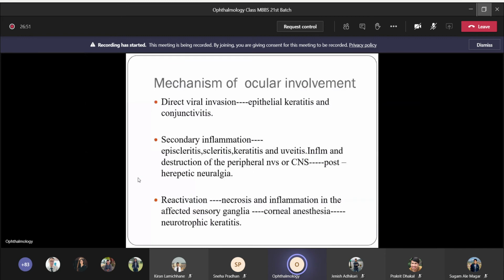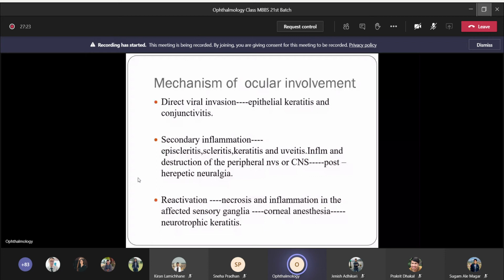The mechanism of ocular involvement in herpes zoster ophthalmicus is as follows. One could be direct viral invasion, causing epithelial keratitis and conjunctivitis. Secondary inflammation could lead to episcleritis, scleritis, and uveitis, due to inflammation and destruction of the peripheral nerves or CNS, and this can also cause post-herpetic neuralgia, which causes severe pain.